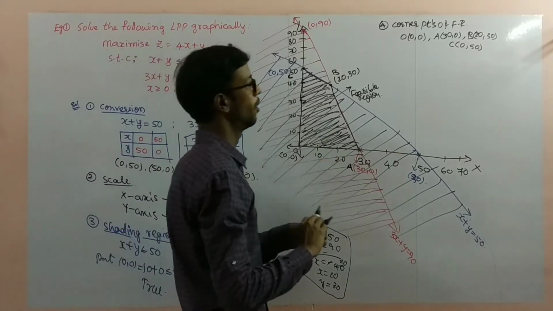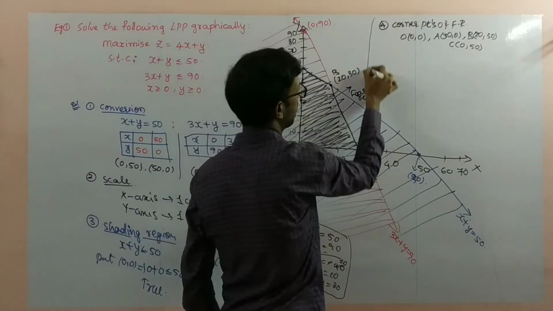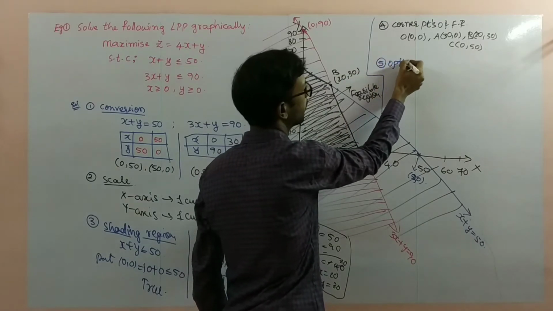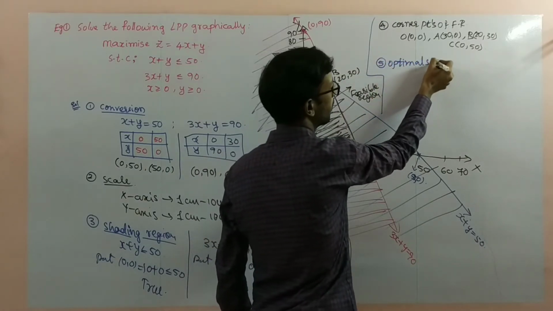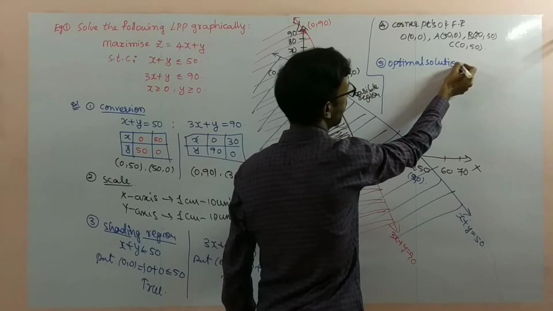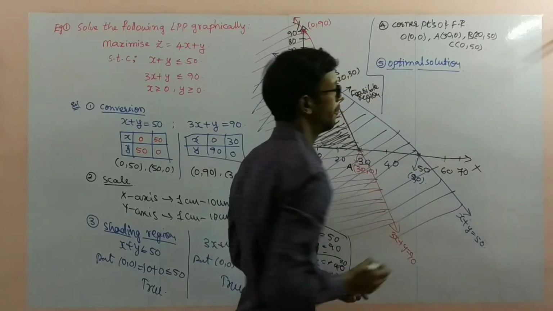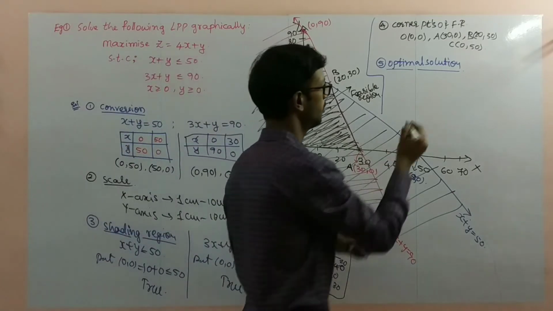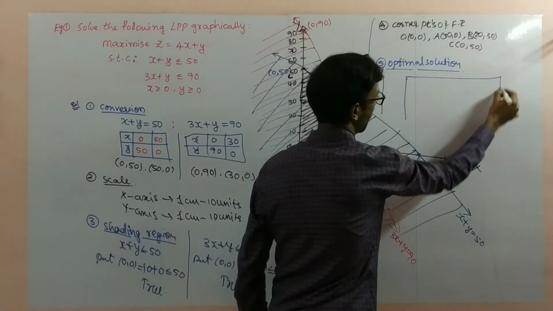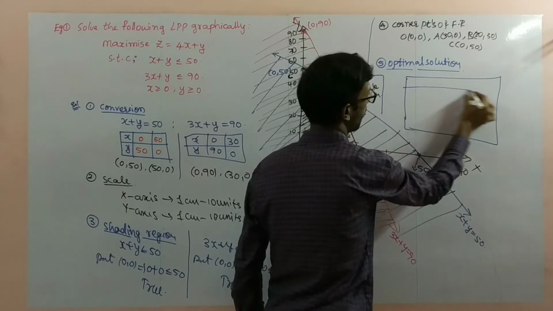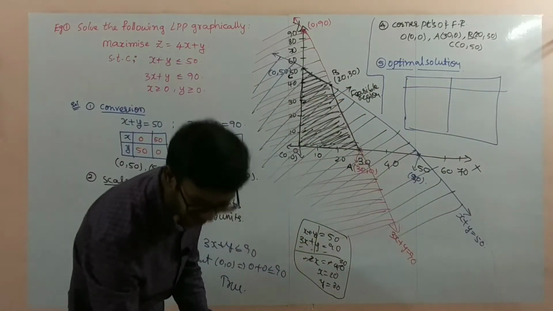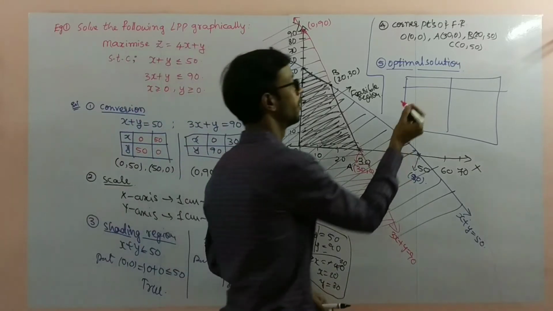Now the fifth point is optimal solution. For the optimal solution, draw one box here. Draw the box. Corner points.